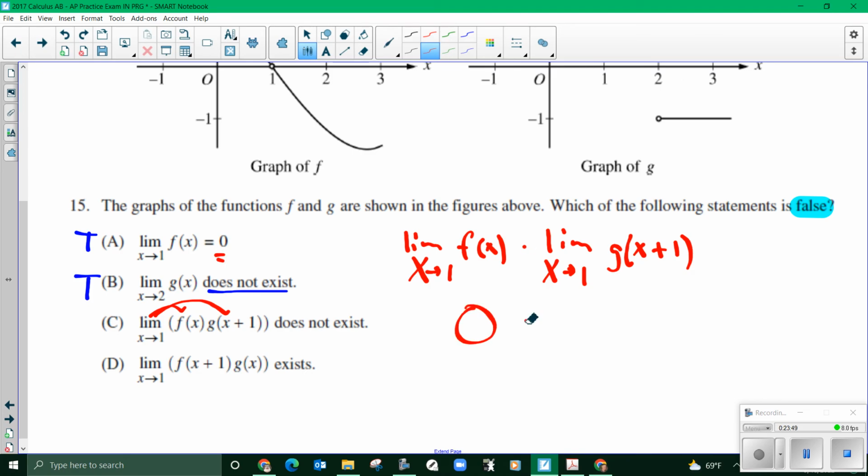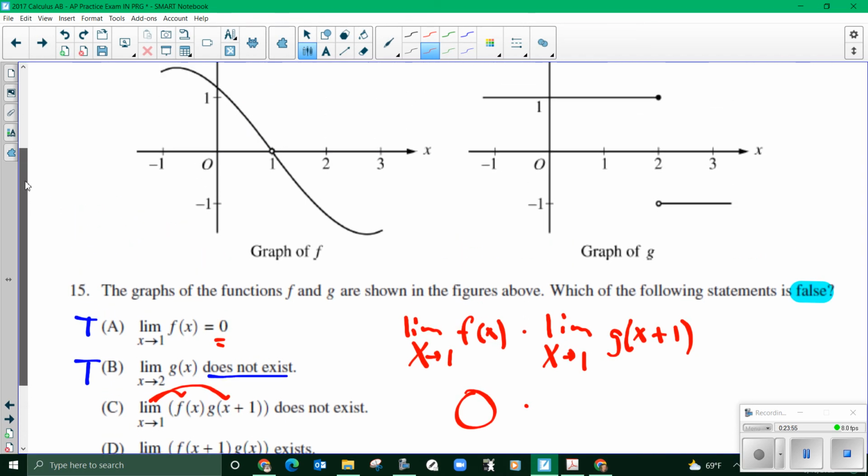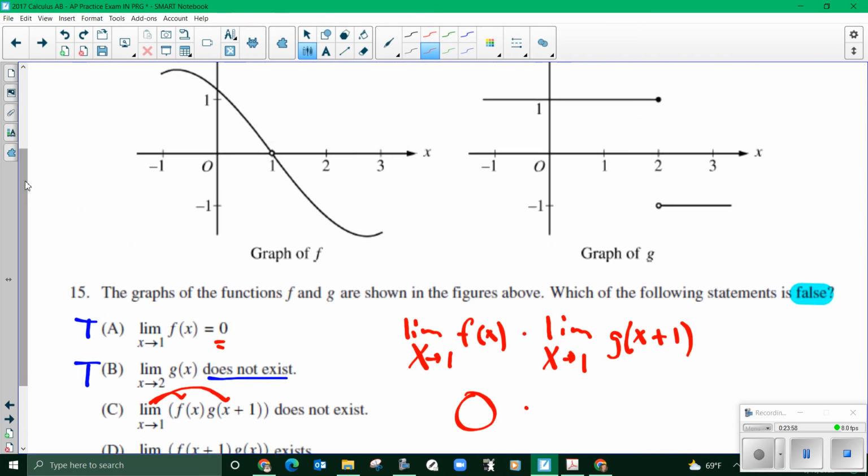We're going to multiply these together. And, all right, as x approaches 1, now this, and we just went over this in my Algebra 2 class, this represents a movement. If I'm adding inside the parentheses of a function, okay, that represents horizontal movement.